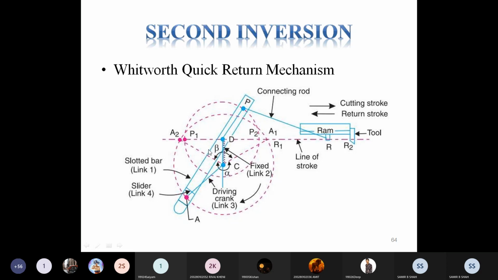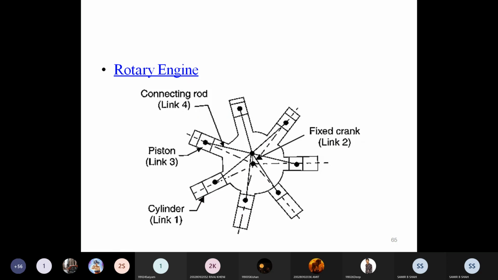This kind of mechanism is useful in shaper and slotter machines to cut the material in the cutting stroke. It is called the Whitworth quick return motion mechanism, or the second inversion of the single slider crank mechanism.